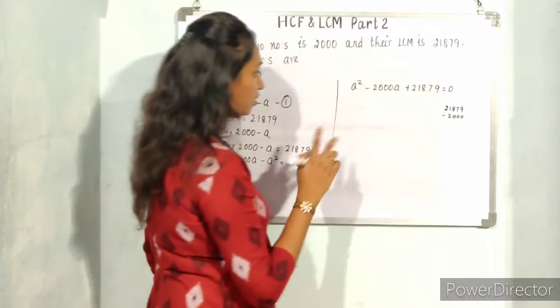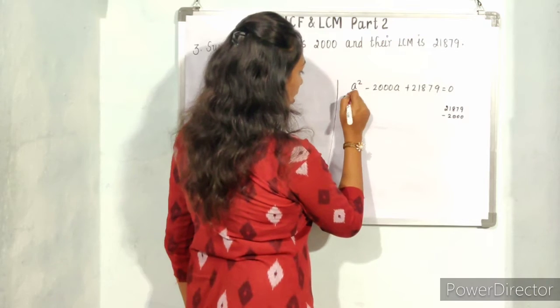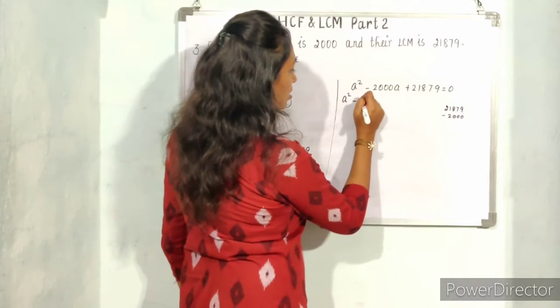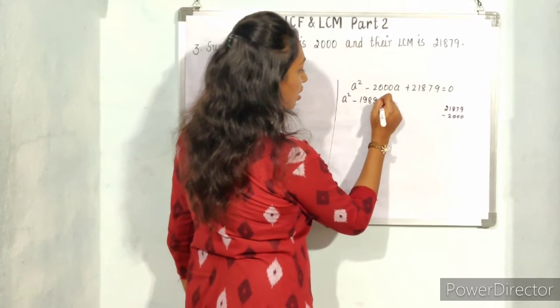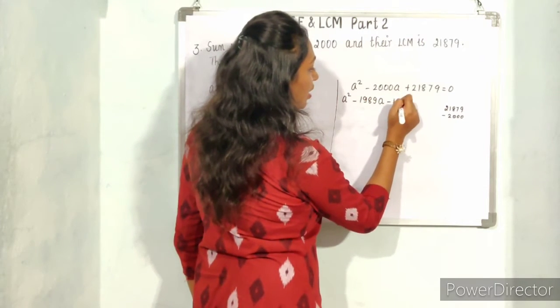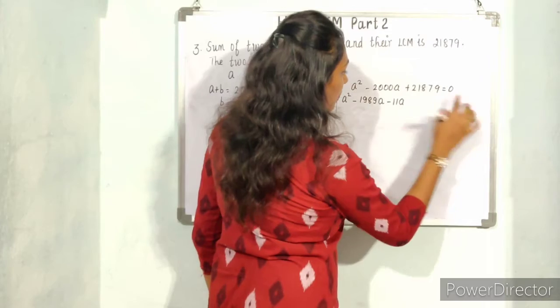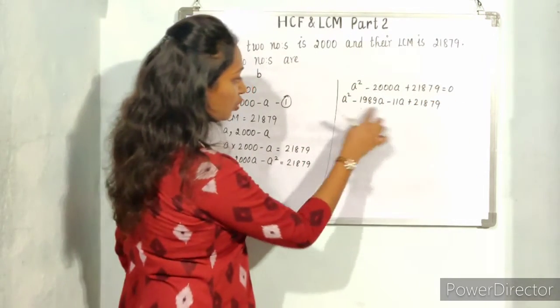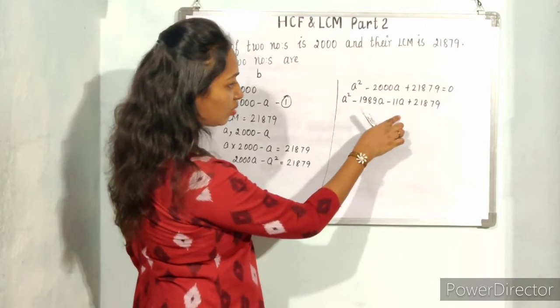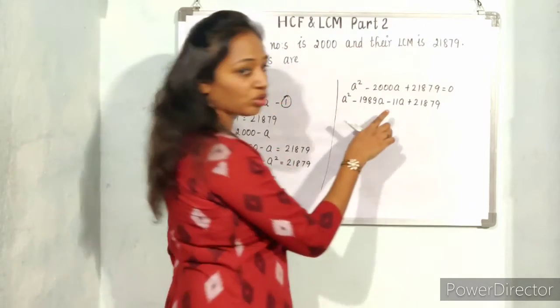So what are those two numbers? I think A square minus 1989A minus 11A plus 21879, because if you add these you get minus 2000, and 1989 into 11 gives you the product 21879.